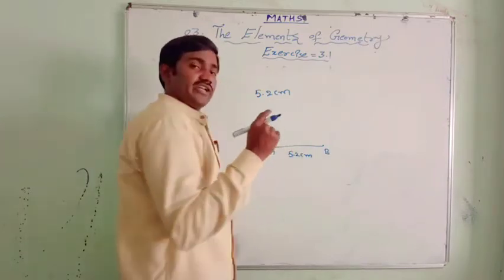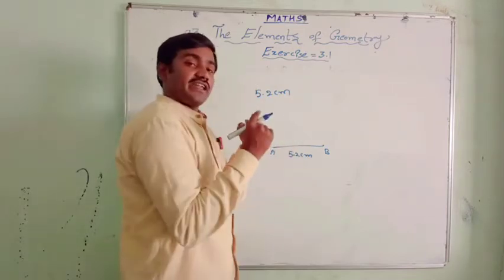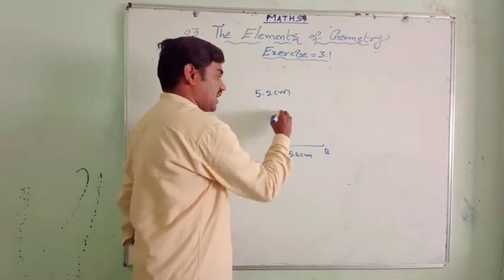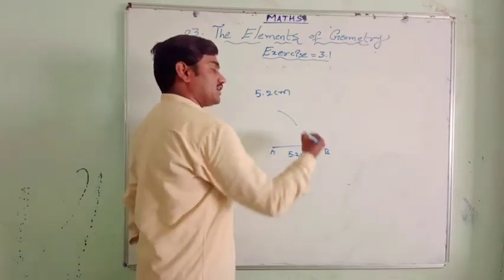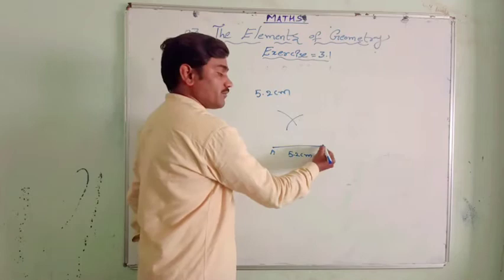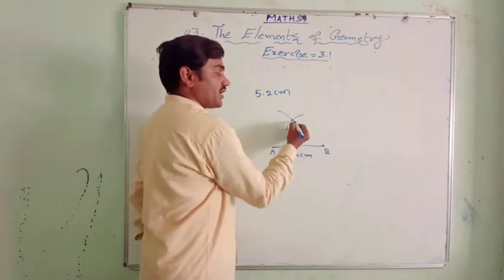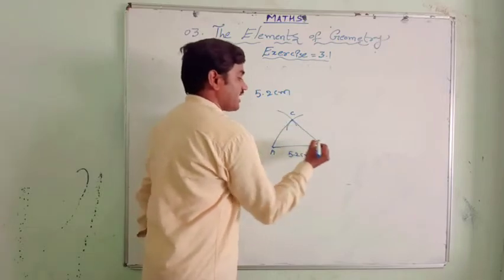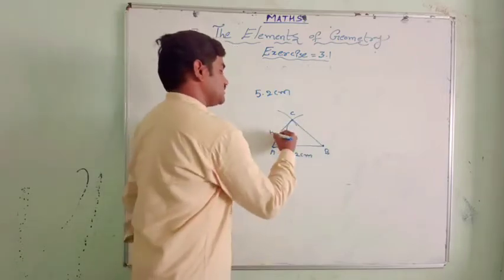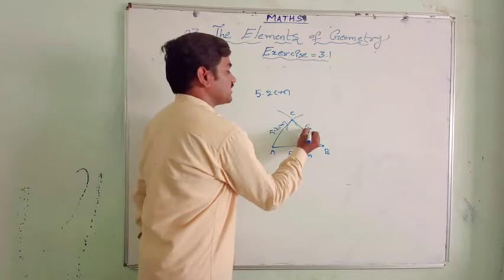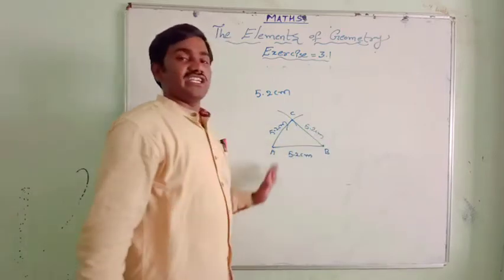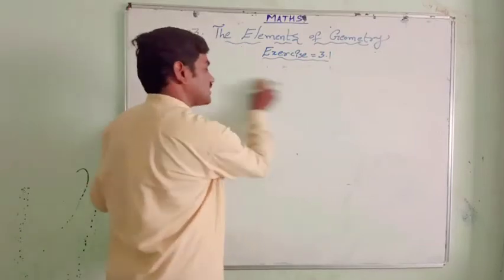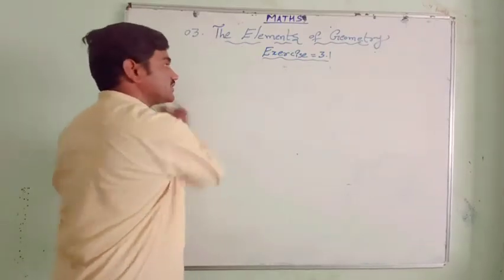From A, take a compass with a radius of 5.2 centimeter and draw an arc, and draw another arc from point B. The intersection point of these arcs you locate as C, and join AC and BC. Hence it is called an equilateral triangle with each side of length 5.2 centimeter. This kind of triangle construction you have done in your 7th class, so I am not going to teach it here.